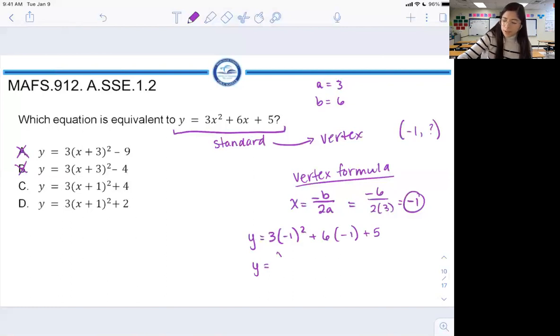Good. And then 1 times 3, that's 3. 6 times negative 1 is negative 6. And then 5. 3 minus 6 is negative 3. And then negative 3 plus 5 is 2. I was thinking 1 for some reason. It's 2. So what's my answer?